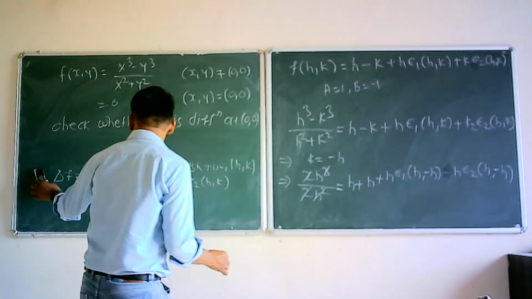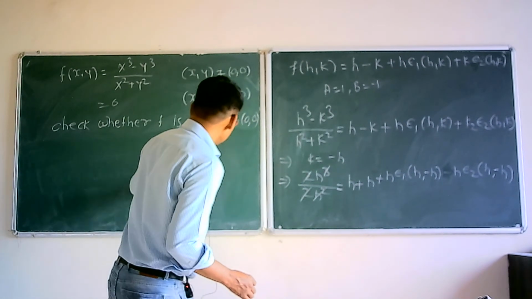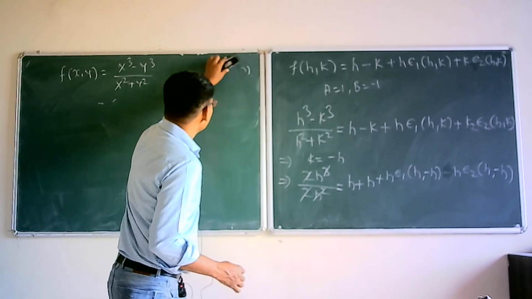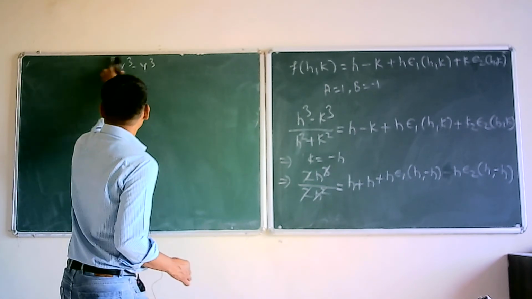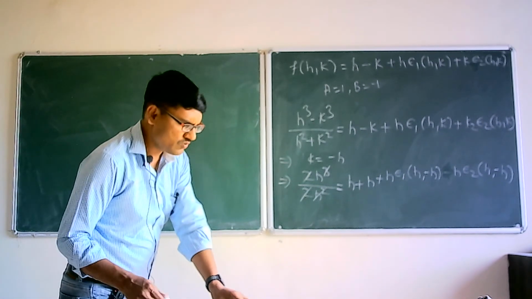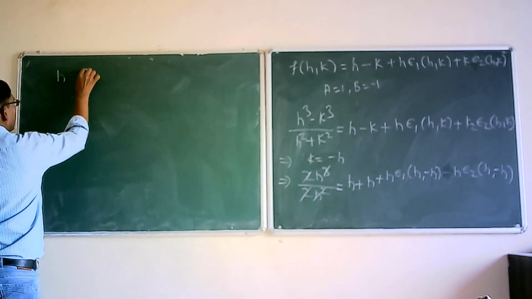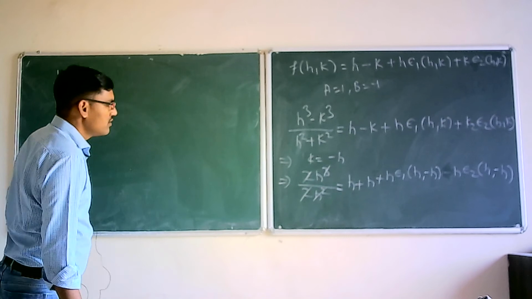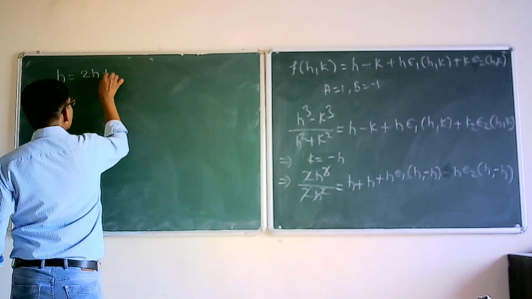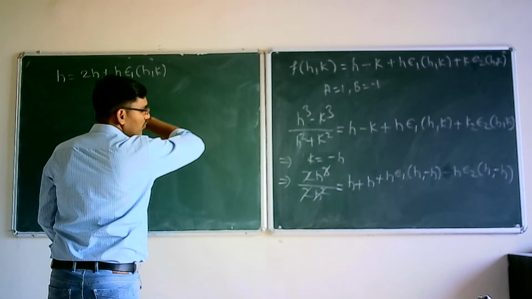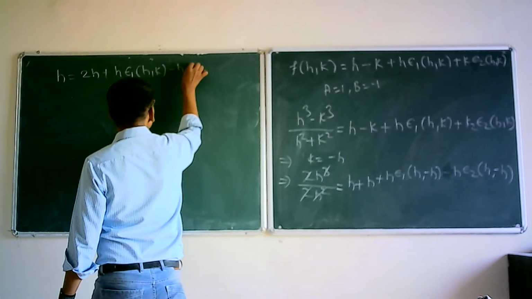So h is equal to twice h plus h epsilon 1 minus h epsilon 2.